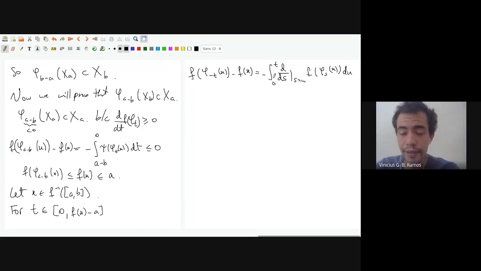minus the integral from minus t to 0. And then this guy is less than or equal to 1. So this is going to be greater than or equal to minus 0 minus t. So greater than or equal to t.